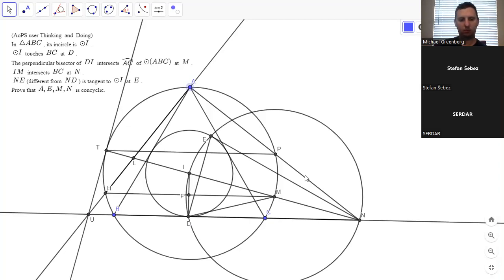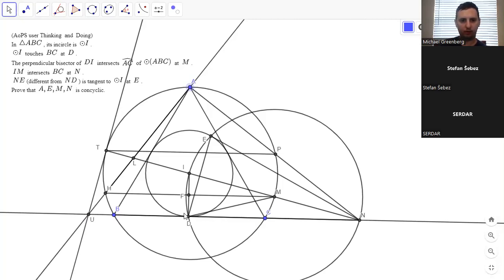Okay. Interesting. So yeah, UT is tangent to this circle, UD is tangent to the incircle. So if this were tangent, we have UB times UC is UT squared.